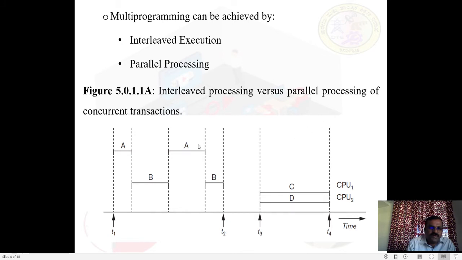See this figure. There are two processes, A and B. The processes A and B are interleaved. First, the process A is running. Then the process A is suspended, and then the process B is running.